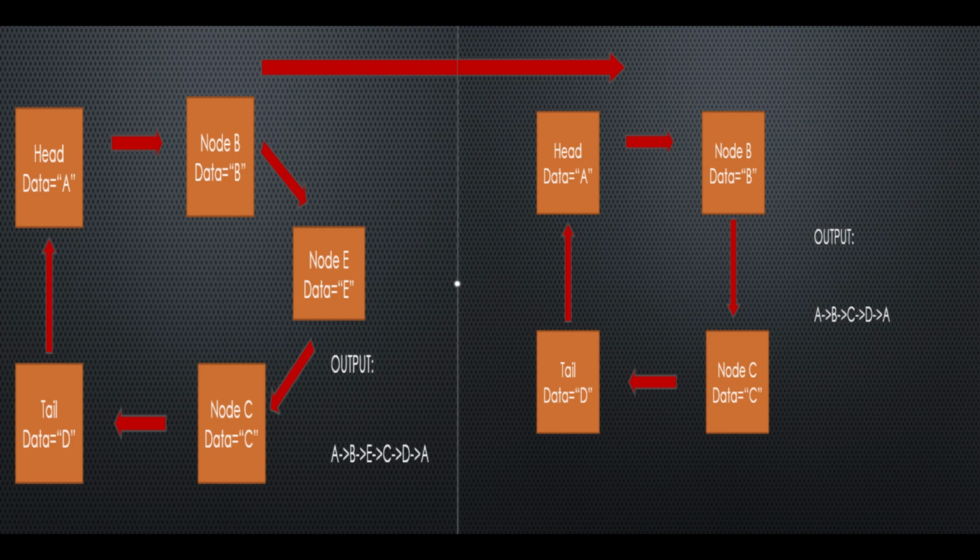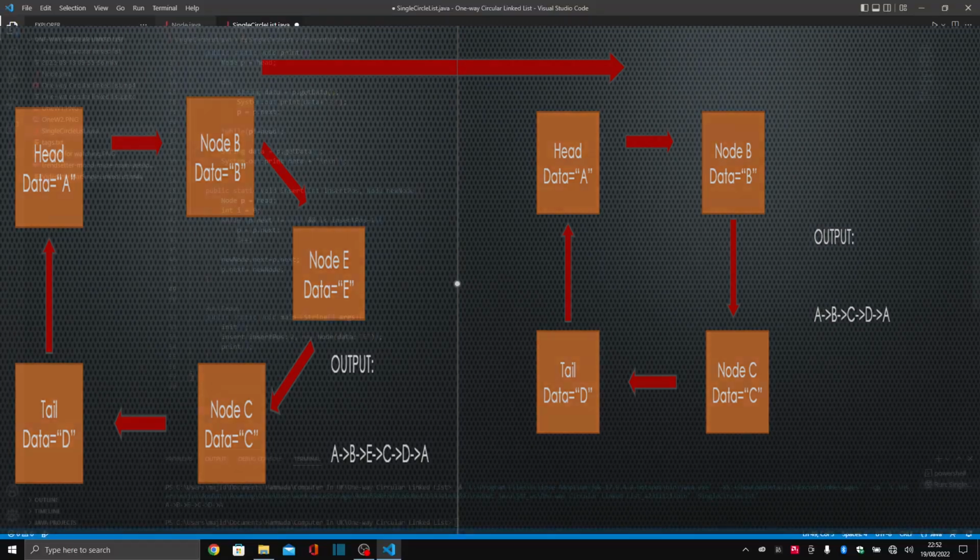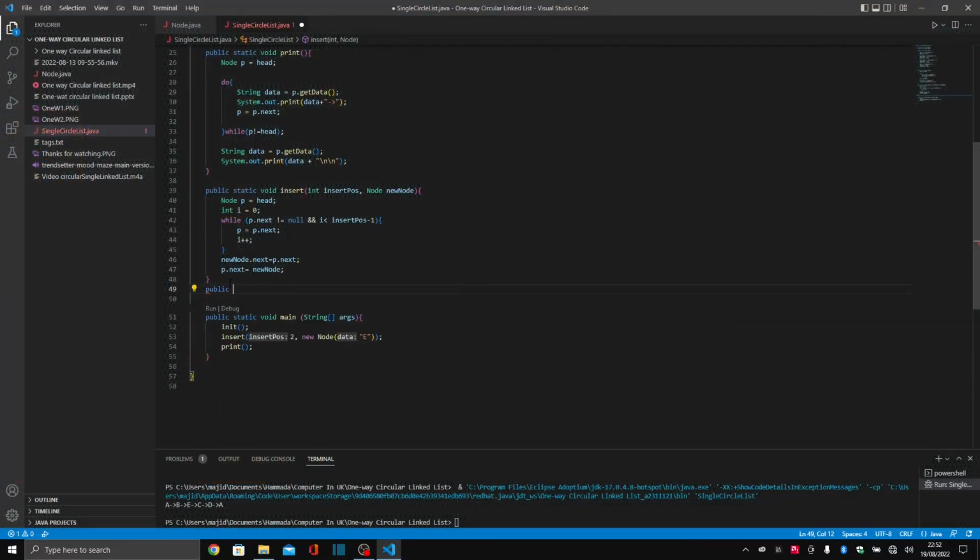So if we have a circular linked list with 5 elements, we're going to delete the element in the second position, and the new output is going to be a circular linked list with 4 elements. Let's see how we can do that in Java.